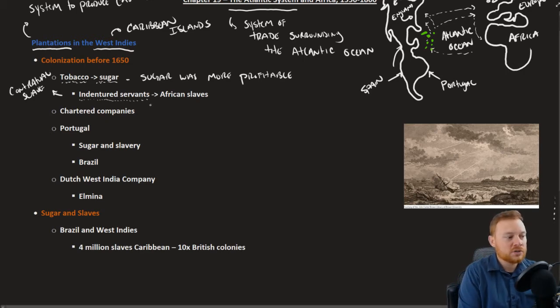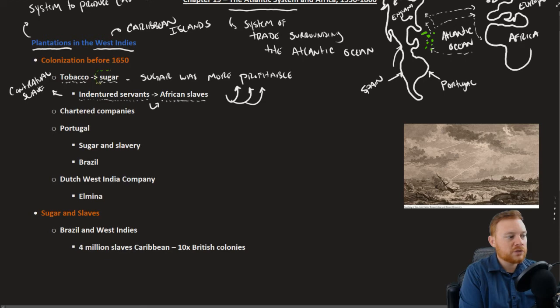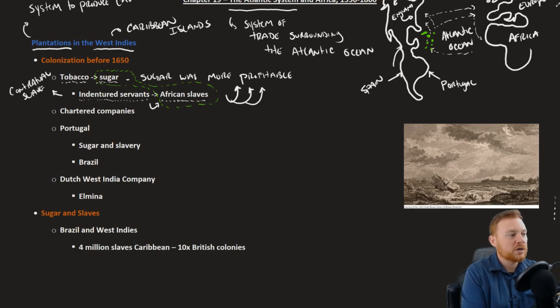All these indentured servants were later on replaced by African slaves whose condition was permanent. And again, this transition from indentured servitude to African slavery was because the bottom line was simply more profitable. And so certainly our focus on these Caribbean islands wants to be with sugar plantations using African slavery, because that's eventually what really comes to characterize them.